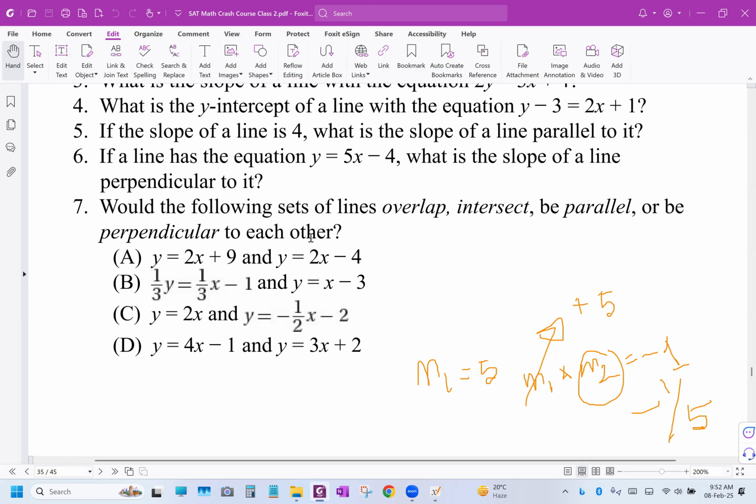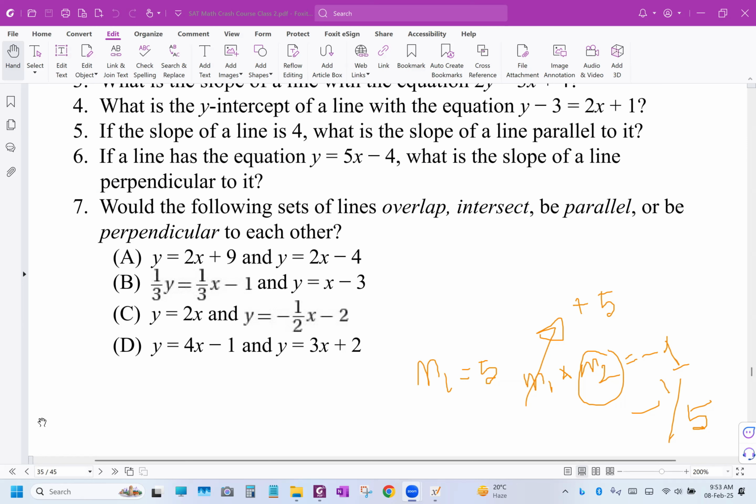Okay. You can take time. Taking time is very normal. Number one, or A, I think, is overlap or intersect. B, I think, is perpendicular.